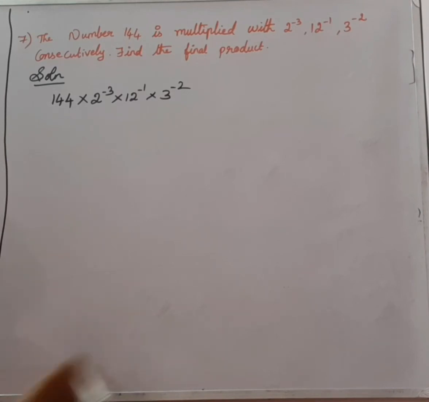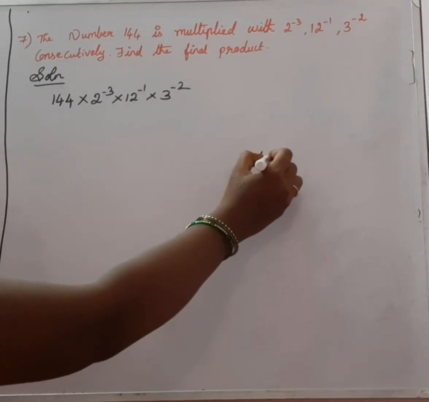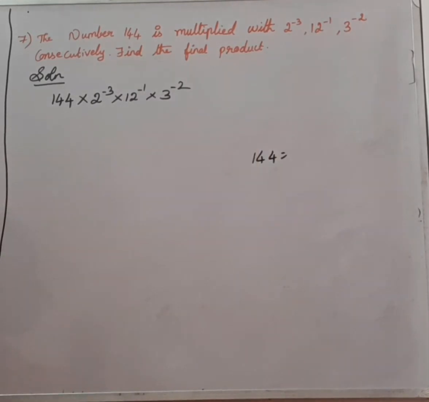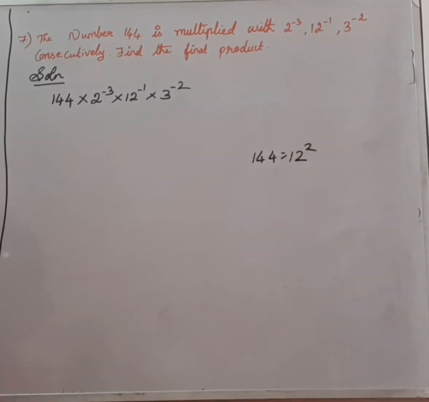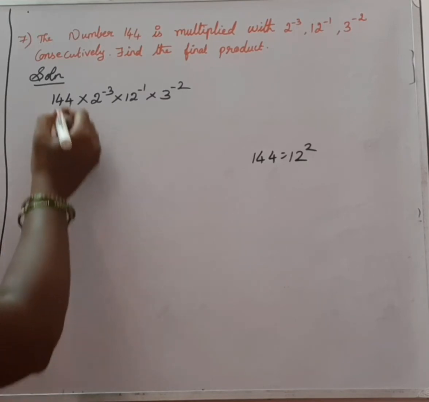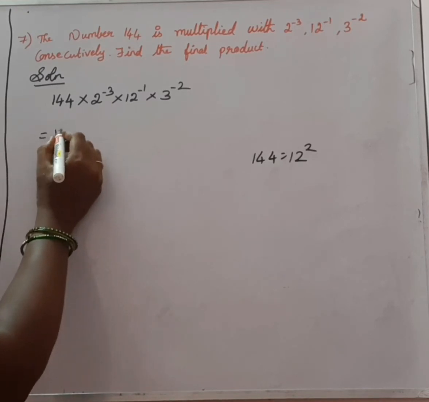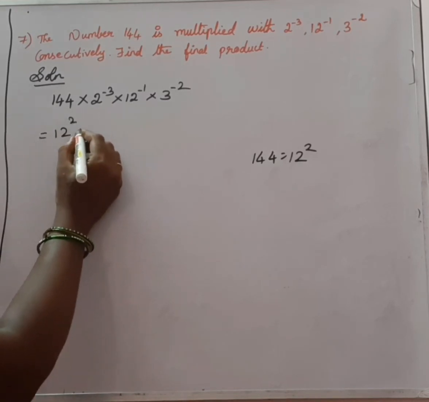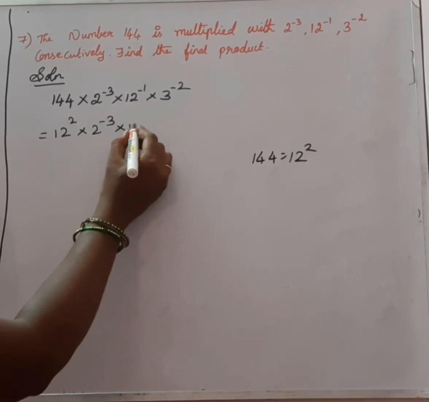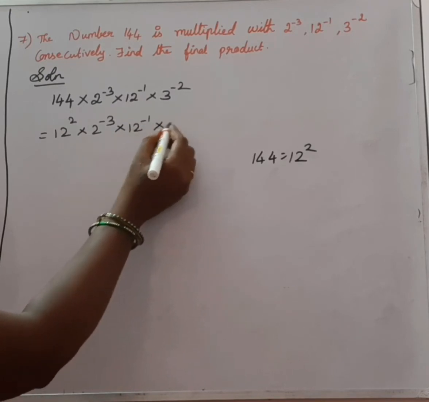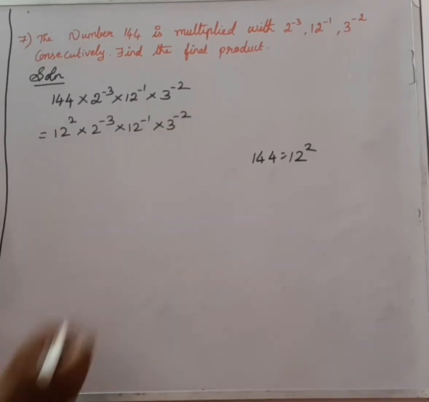Now this 144 can be written as 12 power 2. So what do we get now? Here we will convert that 144 as 12 power 2 into 2 power minus 3 into 12 power minus 1 into 3 power minus 2.